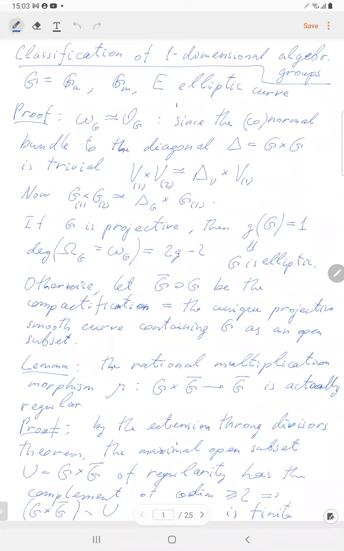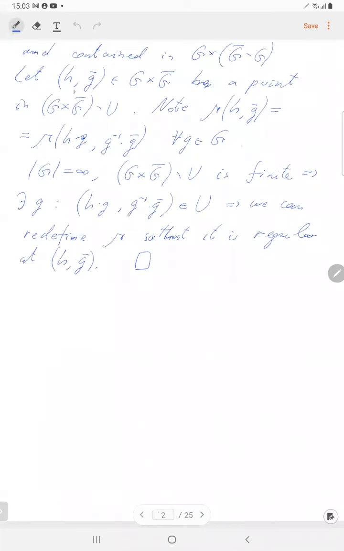And now let's use that it is regular. By the way, note that under this multiplication morphism, mu, G times G bar goes to G bar. If you take the boundary, mu of G times the boundary, the boundary G bar minus G certainly lies in the boundary.